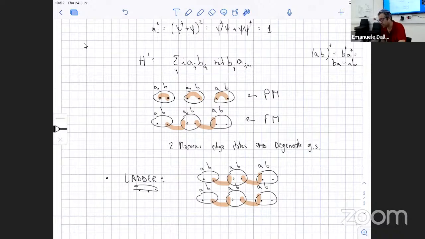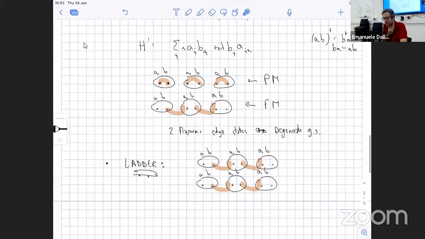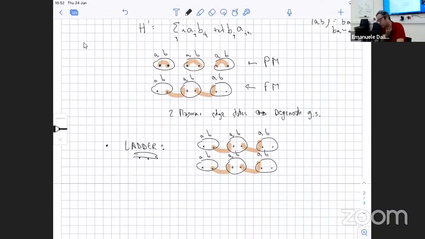So the key point of this ladder is that now you have two Majoranas on the left and two Majoranas on the right. And what one can show is that as long as you consider non-interacting systems, you cannot have an AA term. There is no AA term in the Hamiltonian.